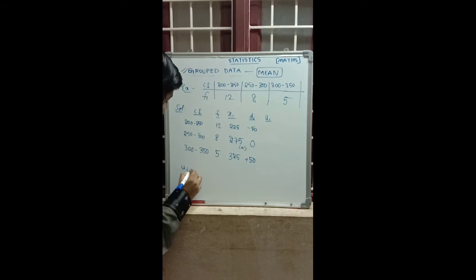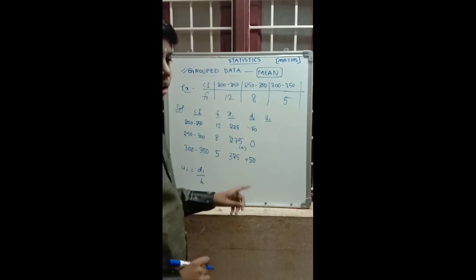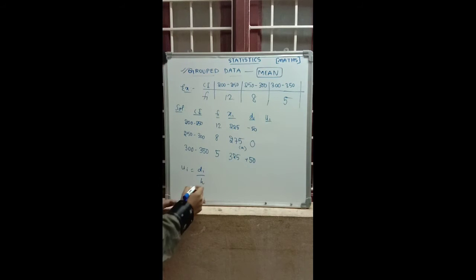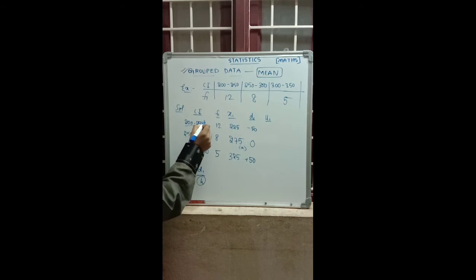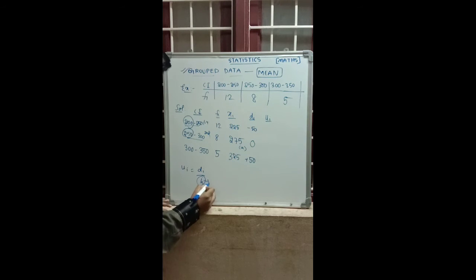The ui formula, as I said, is di by h. Di is there, but how do we find h? H is the class size, the difference between the first term and second term: 250 minus 200, which is 50. So the h value is 50 for any sum.